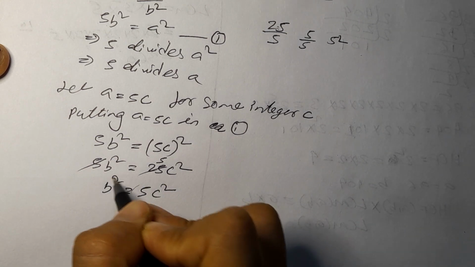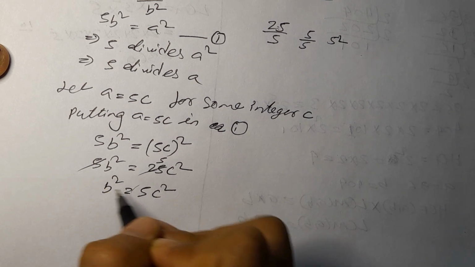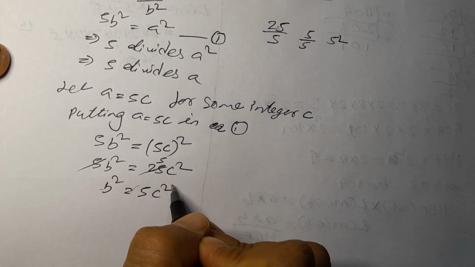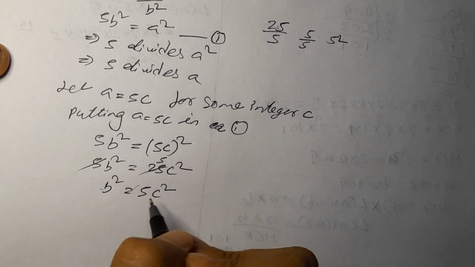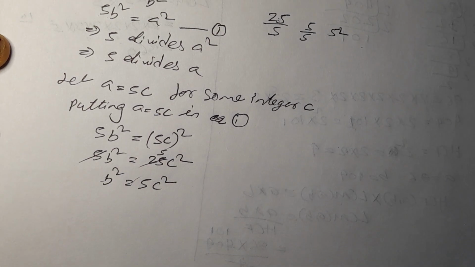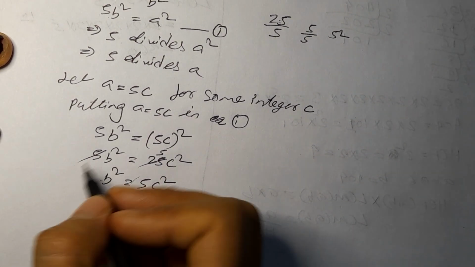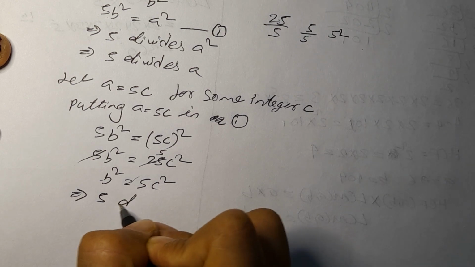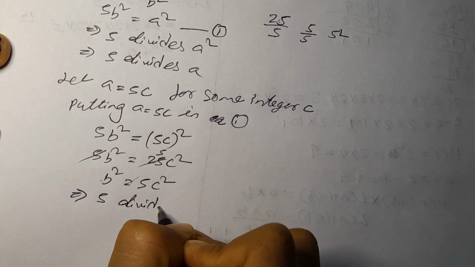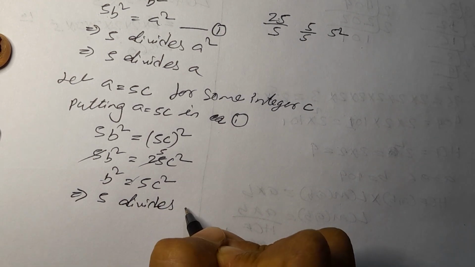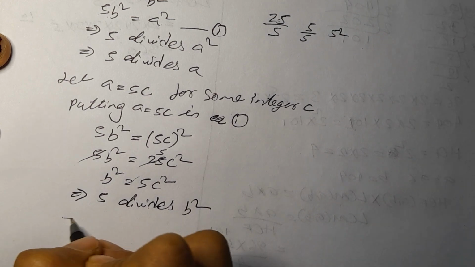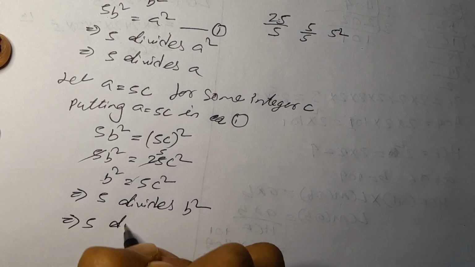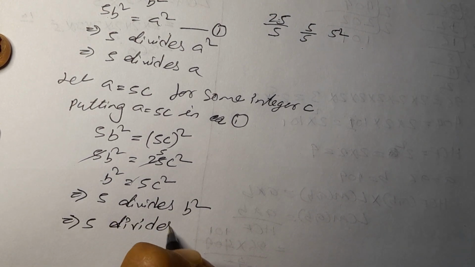Why is it divisible by 5? Because if any number divides this number, that number will divide this number also. Therefore 5 divides b square, which implies 5 divides b.